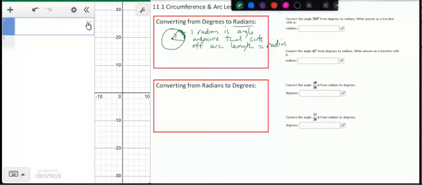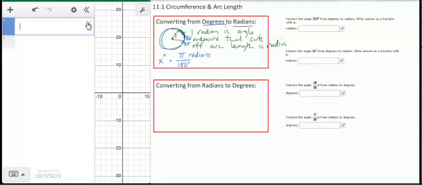And the conversion between radians and degrees, if you're starting from degrees, so you have x degrees, you would multiply by a full rotation around a circle, which is 360 degrees, and it's 2 pi radians. If we want degrees to cancel, we'll put degrees in the denominator, so the symbols cancel. And if 360 is equivalent to 2 pi, that means that 180 is equivalent to 1 pi.